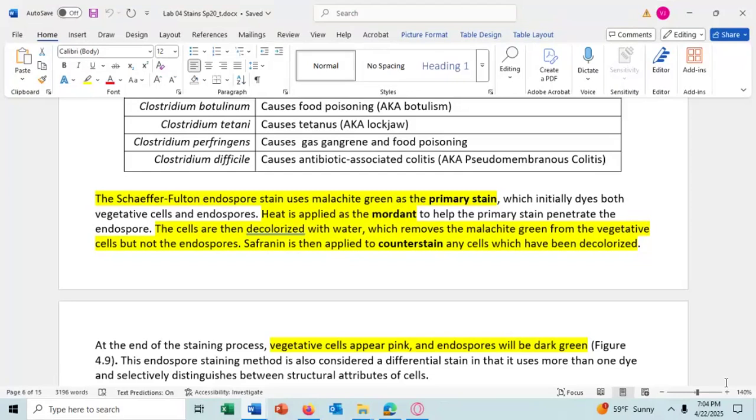Water removes the malachite green from the vegetative cells, but the endospores retain the malachite green. Safranin is then applied as the counterstain, which stains the decolorized cells. So the vegetative cells will stain pink from the counterstain safranin. The endospores will stain green from the malachite green.